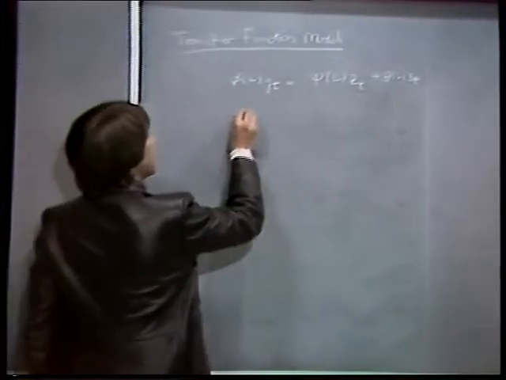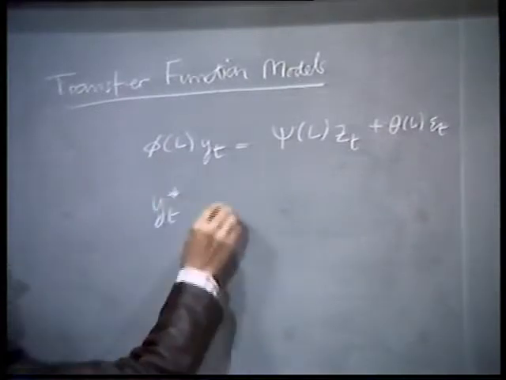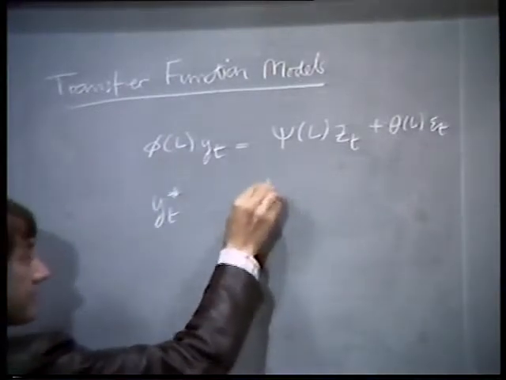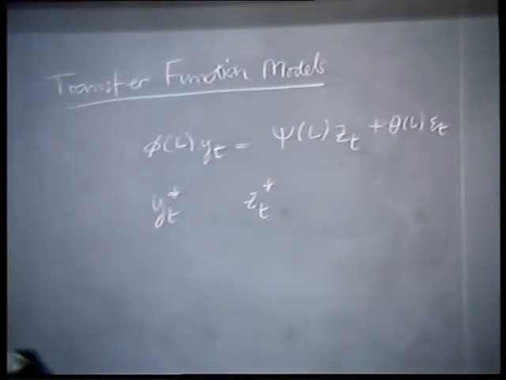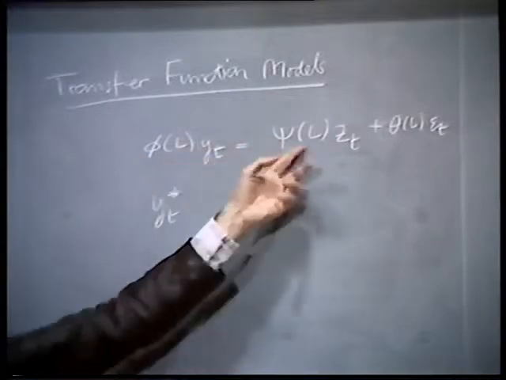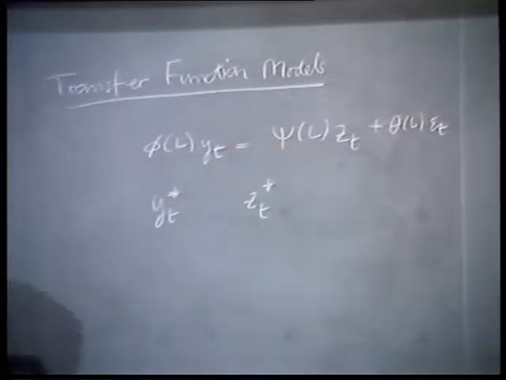So if we started modeling the relationship between the filtered y and the filtered z, we may not get anything at all like that if that were the true model.